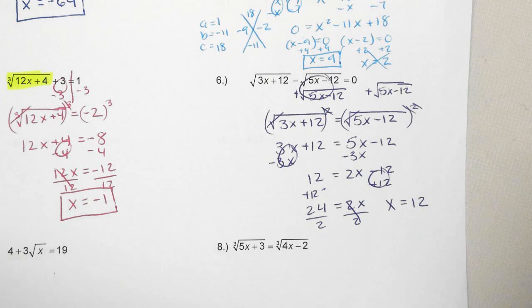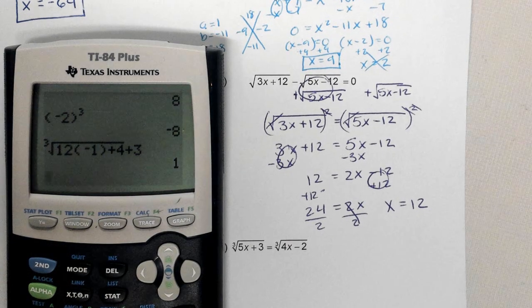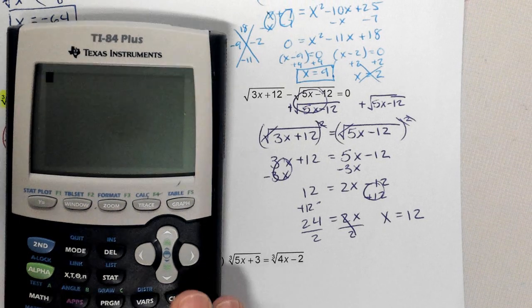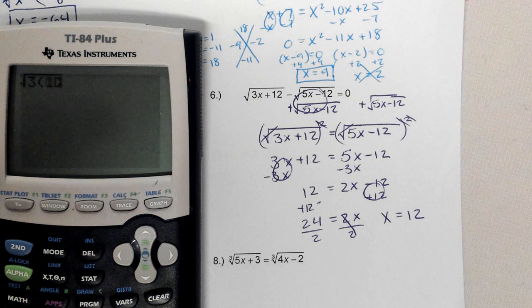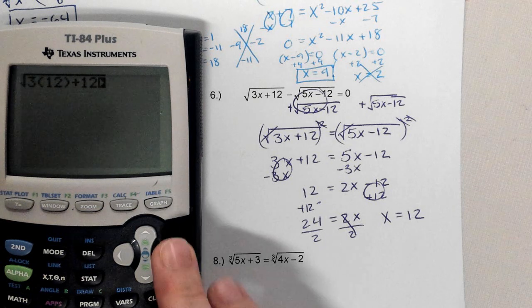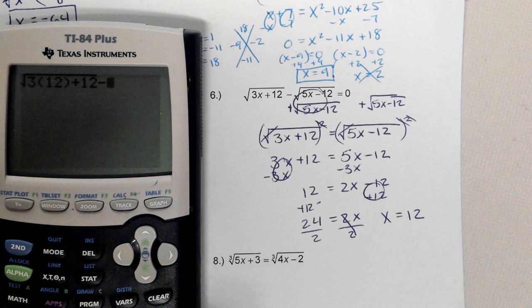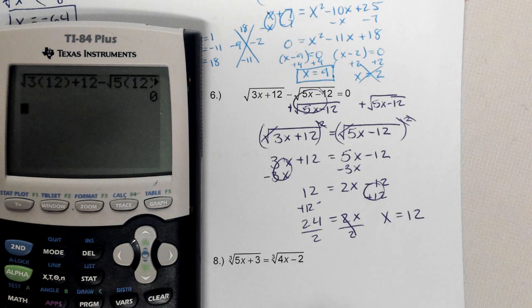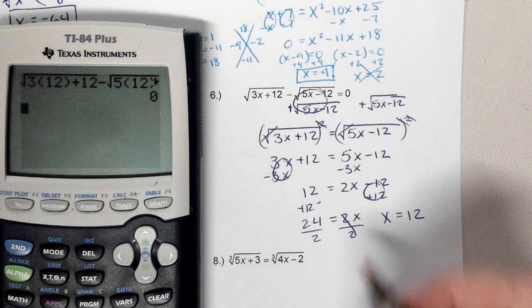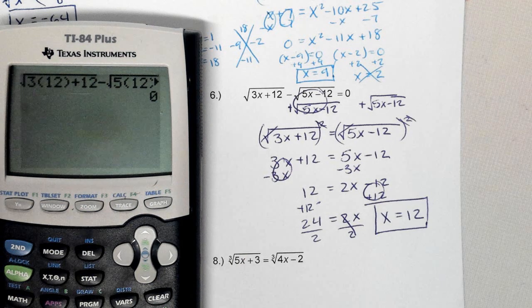So we can check our work. So I have the square root of 3 times 12 plus 12 minus the square root of 5 times 12 minus 12, and it should equal 0, and it did, so that is my solution.